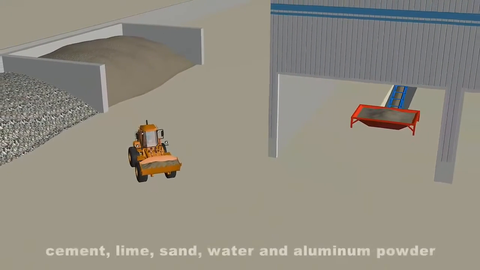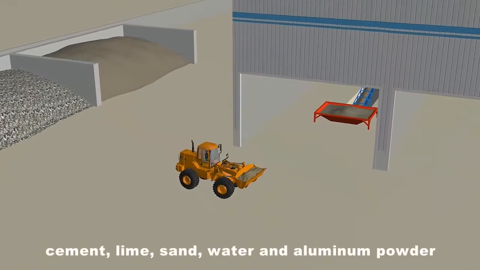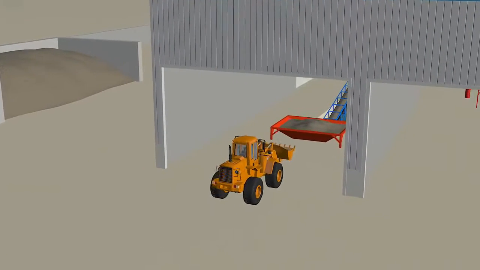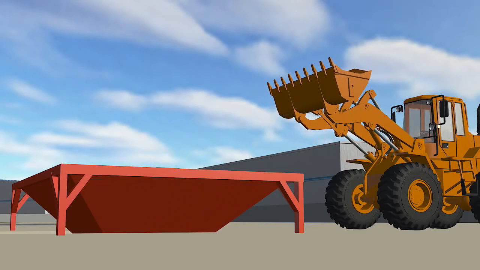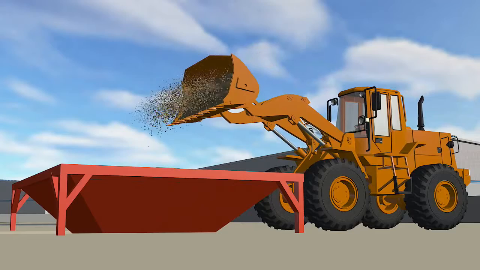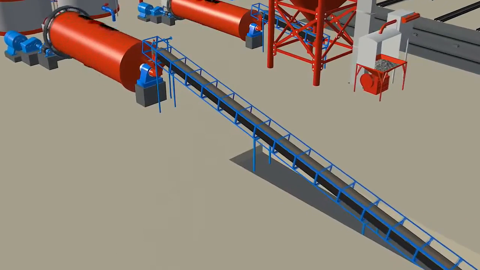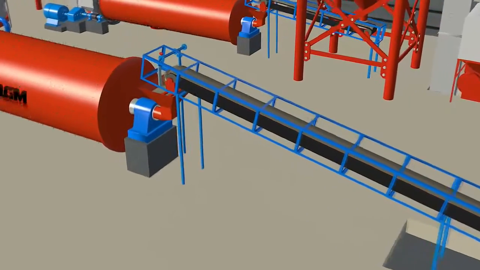AAC is made of cement, lime, sand, water, and aluminum powder as foaming agent. Firstly, the raw material sand needs to be ground in the wet ball mill.